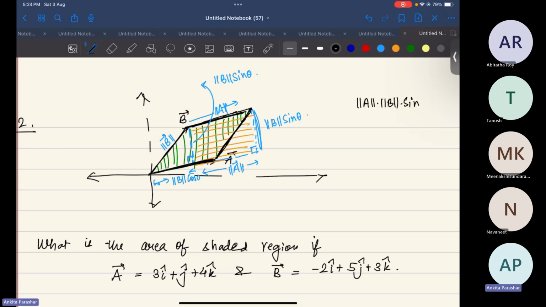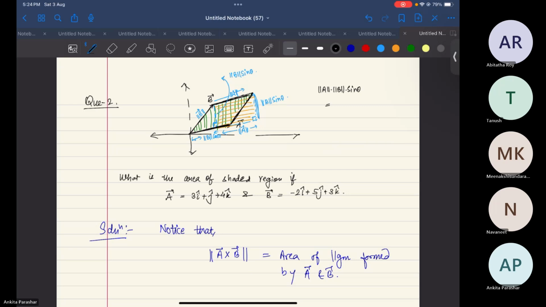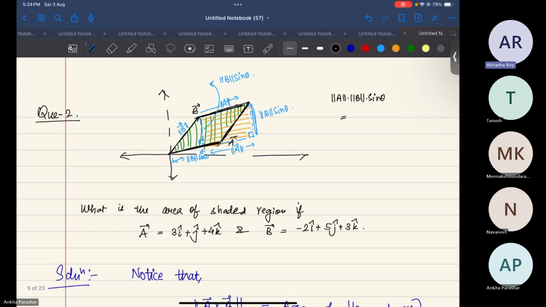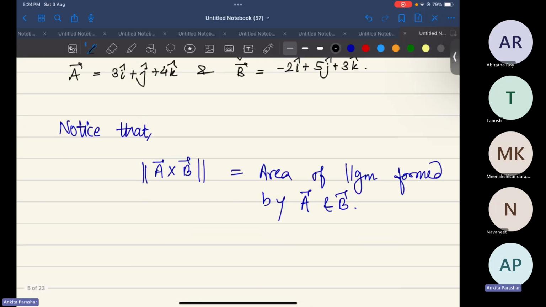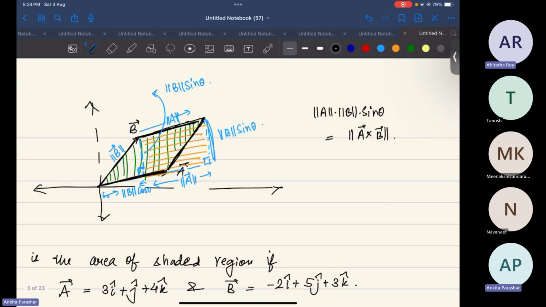And what is this? It is the norm of the cross product between A and B. So you just simply have to compute, and this is the area of the rectangle, but this is the same as the area of the parallelogram.